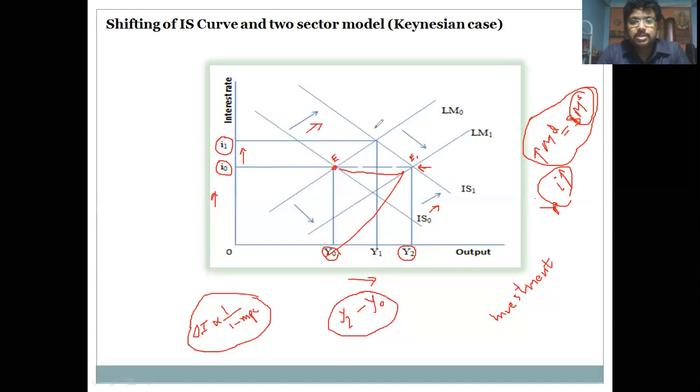So this point is E2. Here, goods market and money market both are in equilibrium.